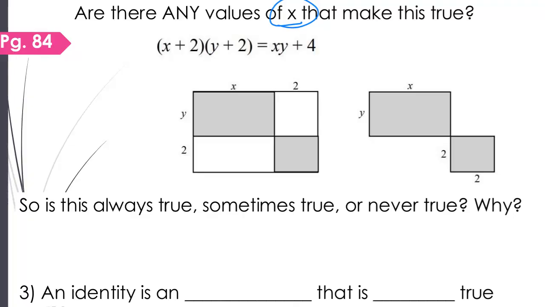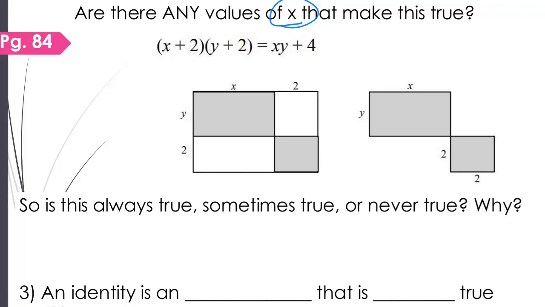I need to think about this myself. What do you think? Quantity x plus 2 times quantity y plus 2 is equal to xy plus 4.